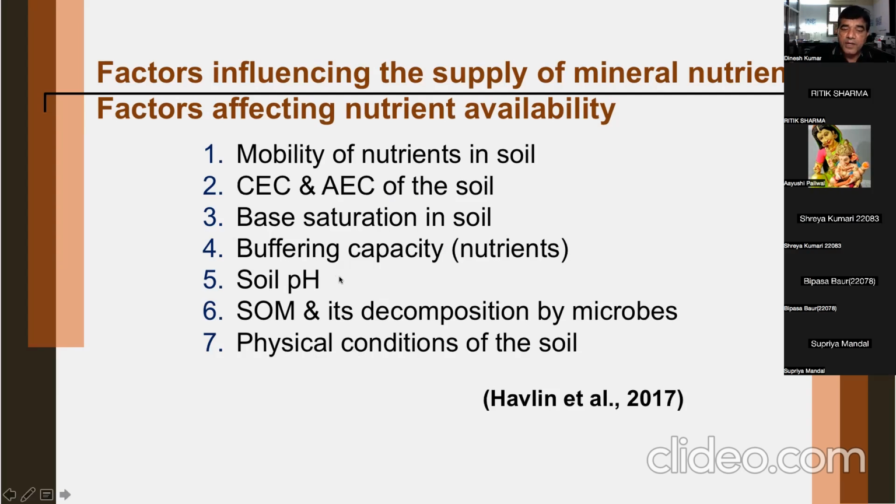Then soil organic matter and its decomposition by microbes also influence the nutrient availability into the soil solution. And physical conditions of the soil, physical properties like water holding capacity or water in soil, and temperature, are going to affect the availability of nutrients in soil solution. So these factors we are going to discuss in detail.